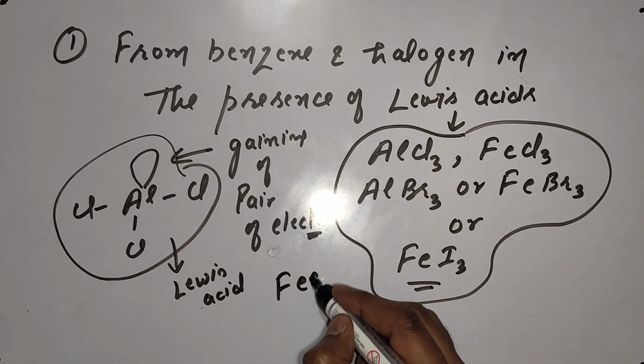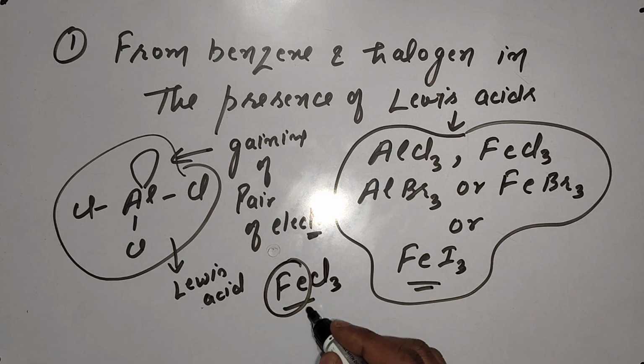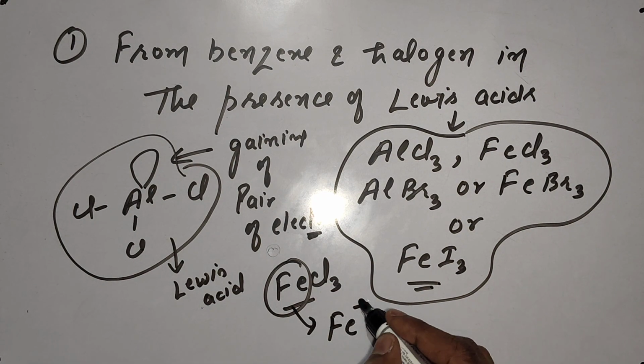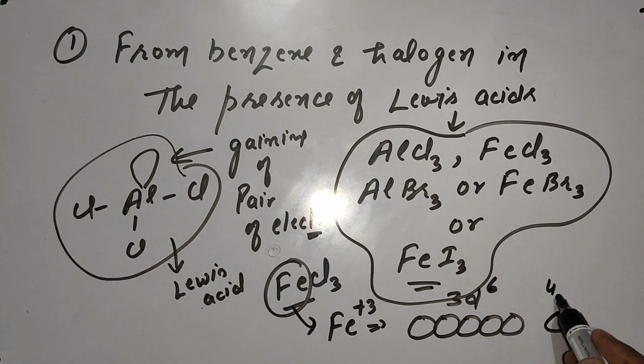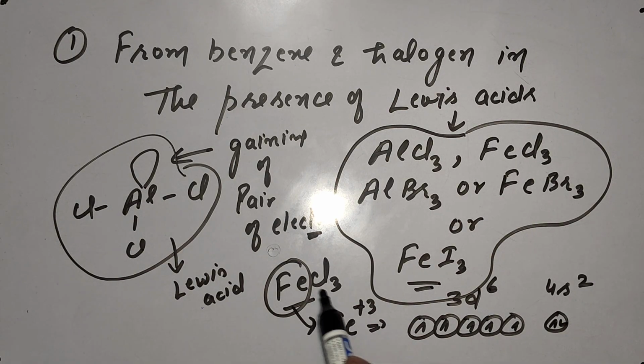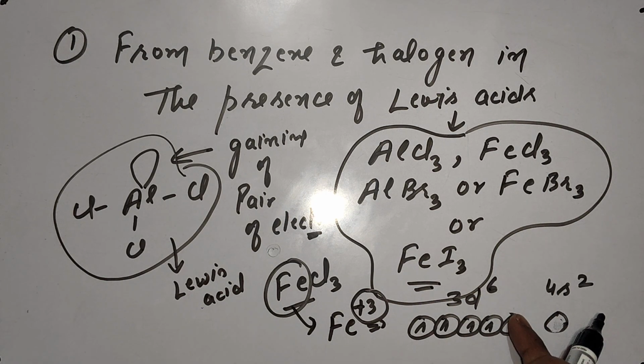Similarly, in FeCl3, the iron is in +3 oxidation state. Outermost electronic configuration of iron is 3d6 4s2, like this. But in FeCl3, because iron has +3 charge, means shortage of 3 electrons, so I am removing 3 electrons here.